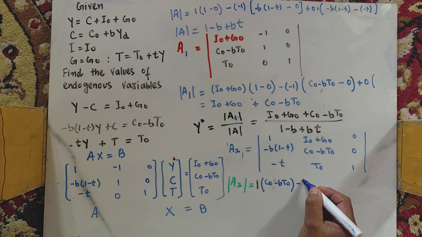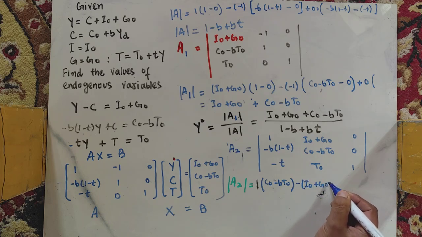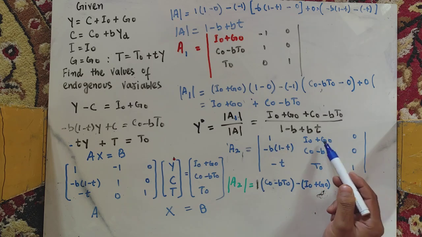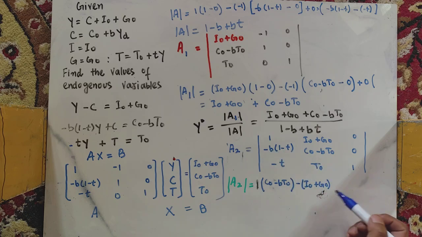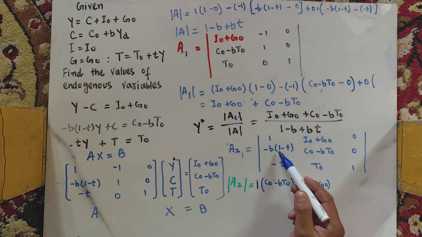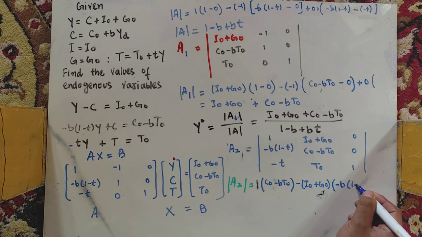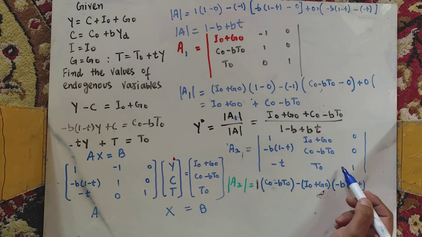Then we have minus I naught plus G naught, okay. Then we delete the row and the column in which it appears and take the determinant of the remaining elements. So remaining elements are minus B, 1 minus T, okay.